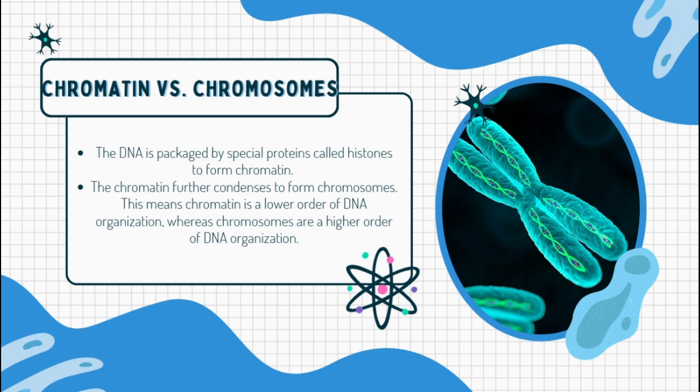So the DNA is packaged by special proteins called histones to form chromatin. This chromatin further condenses to form chromosomes. The uncondensed version is the chromatin, that's before cell division. The condensed version is during cell division, during mitosis, during prophase, when the chromosomes become condensed and visible.